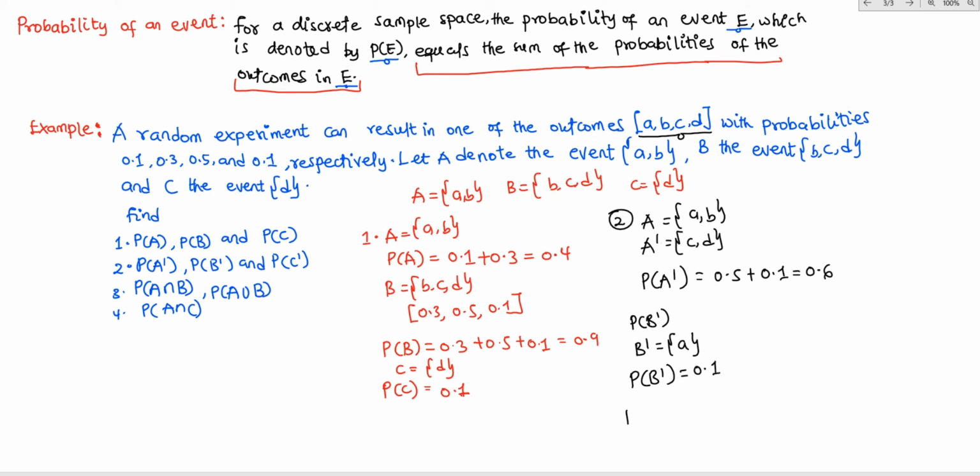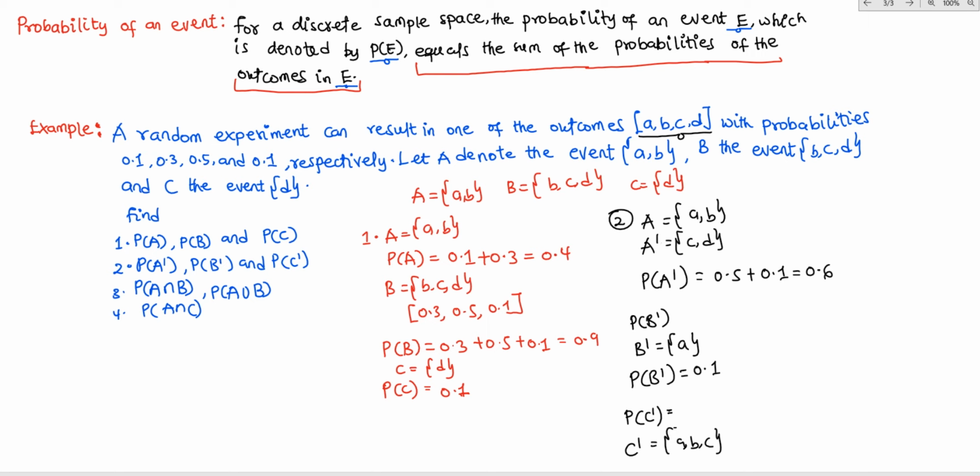Now let's find the probability of C complement. For C complement also, the outcomes that are not in event C, those are A, B, and C. So let's find the probability of C complement.